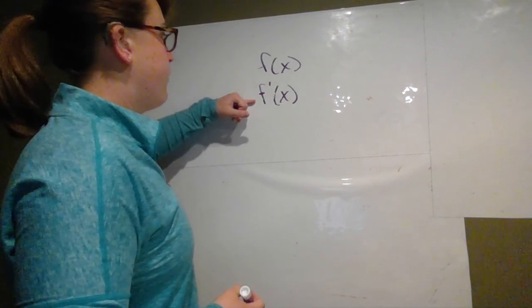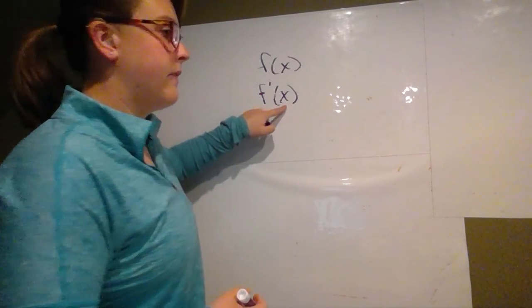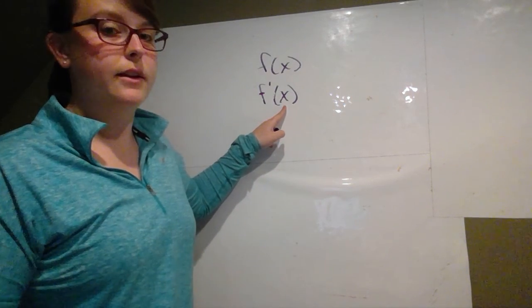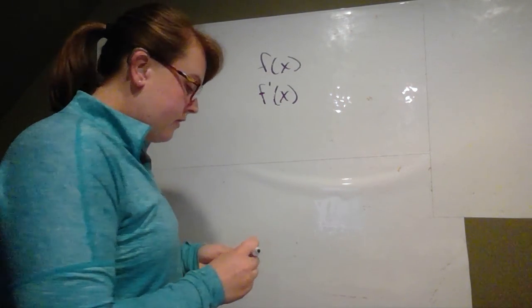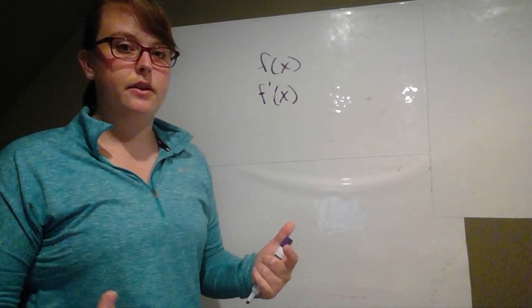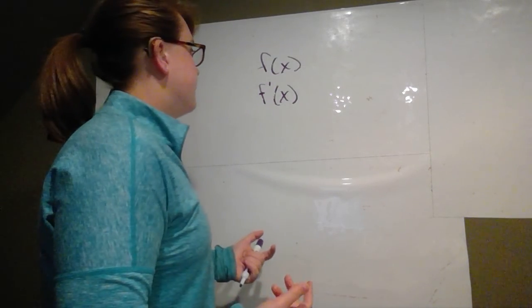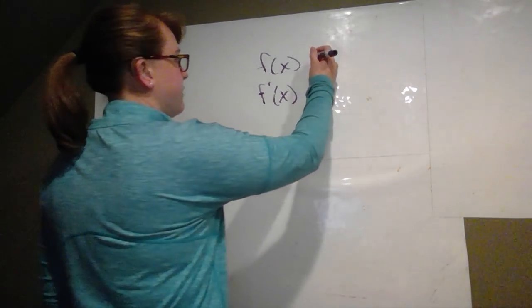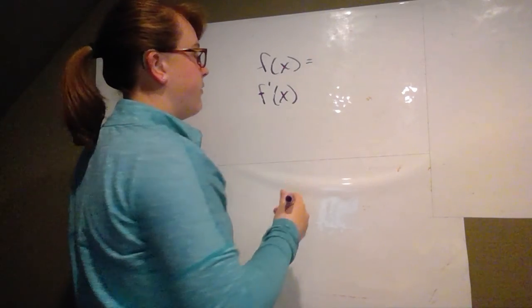So I'll get the derivative or the instantaneous rate of change at any x value by plugging in a value for x here. So we can do this using the same limit definition of an instantaneous rate of change or derivative that we've been using.